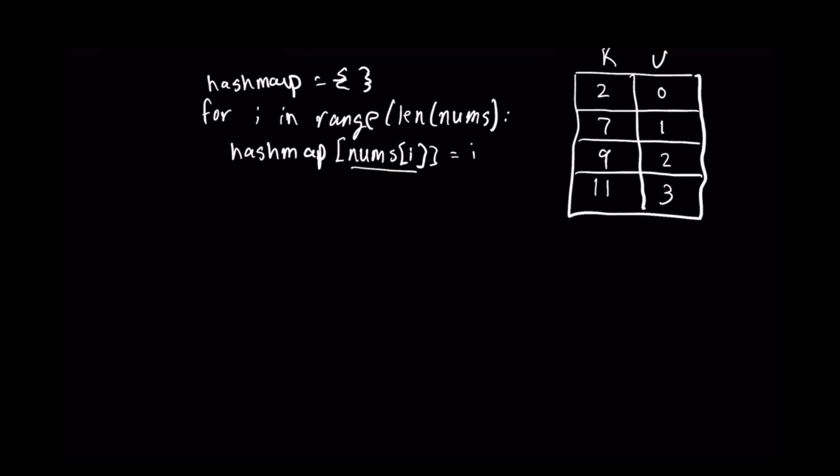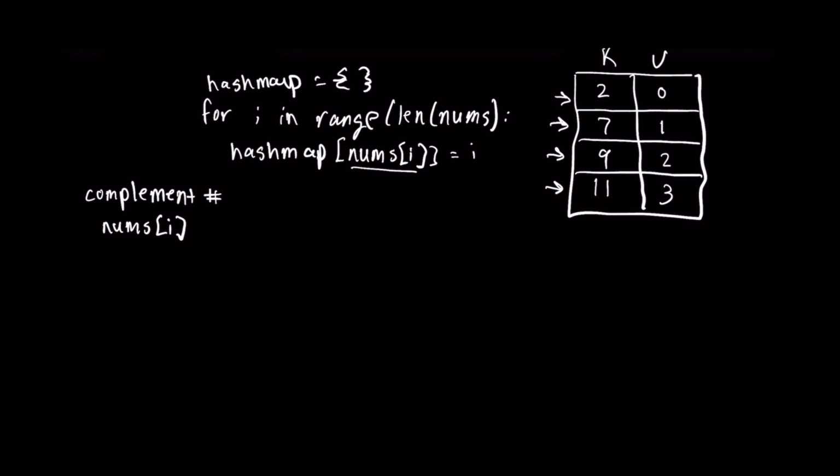So just to make that a little bit more clear, we're going to be looking for the complement number to nums[i]. So if we're iterating through each value in the nums array, we're looking to see if any of these numbers are such that they are equal to our target.